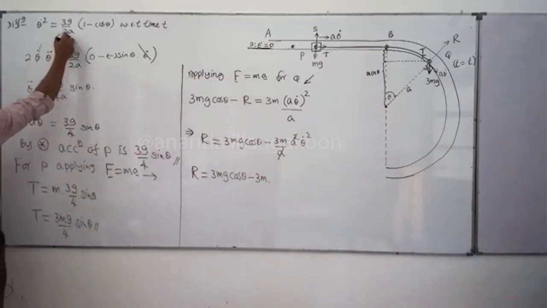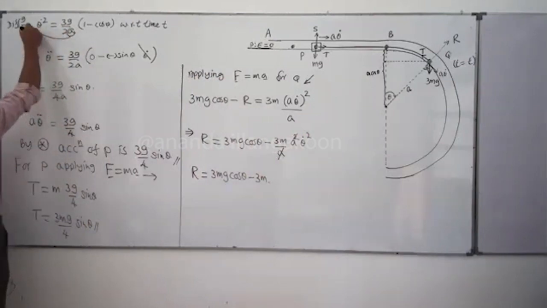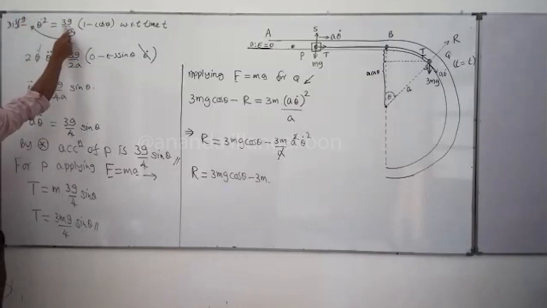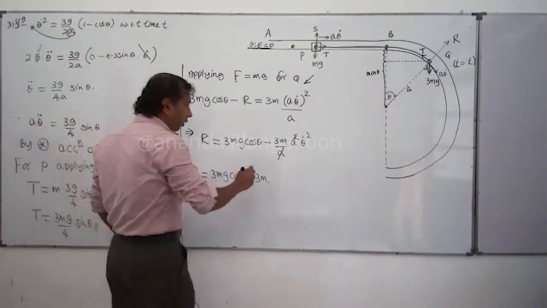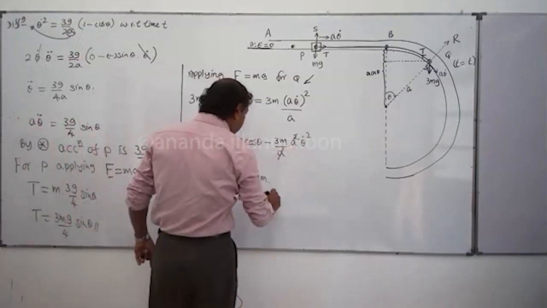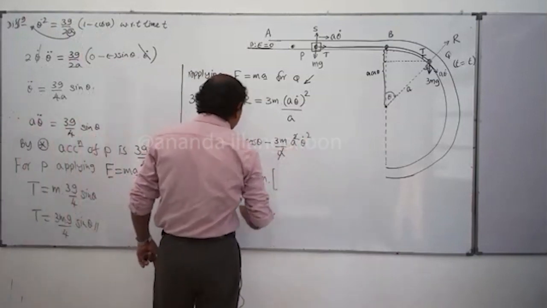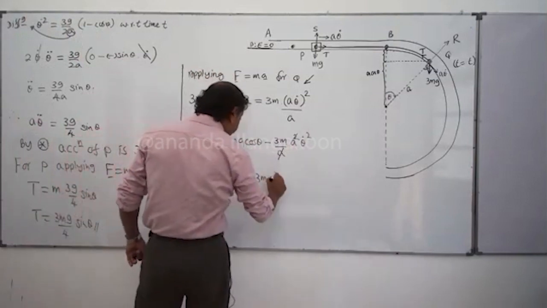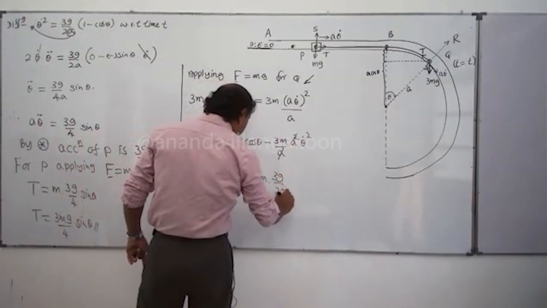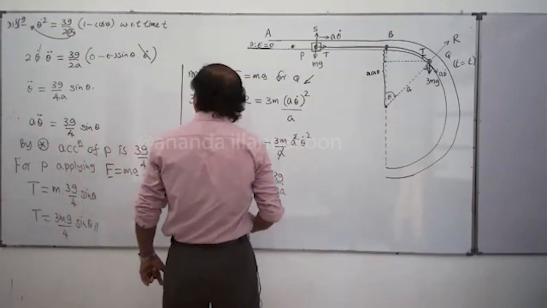Here, people, when I bring this a to this side, that will be a theta dot squared, which is equal to what? 3g divided by 2 times (1 minus cos theta).